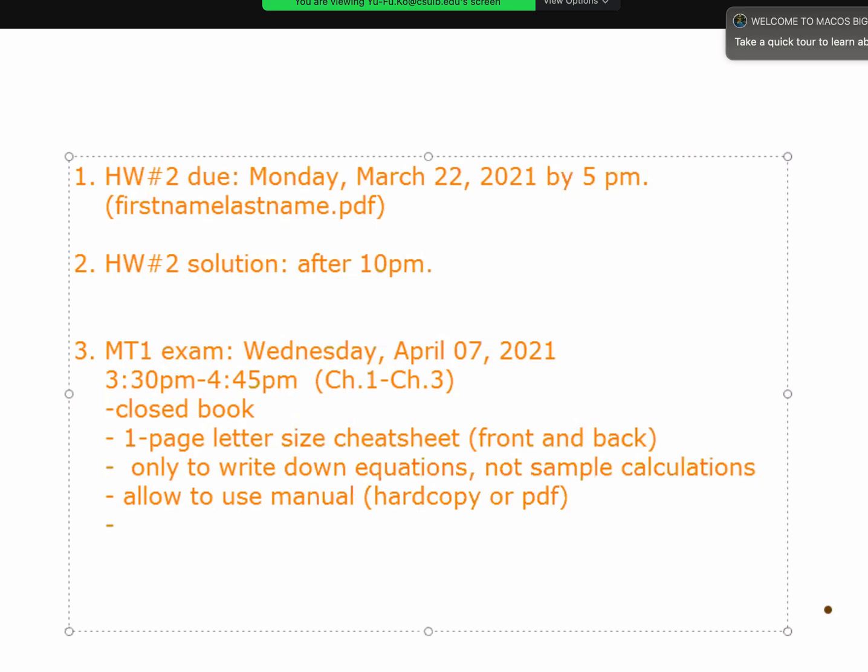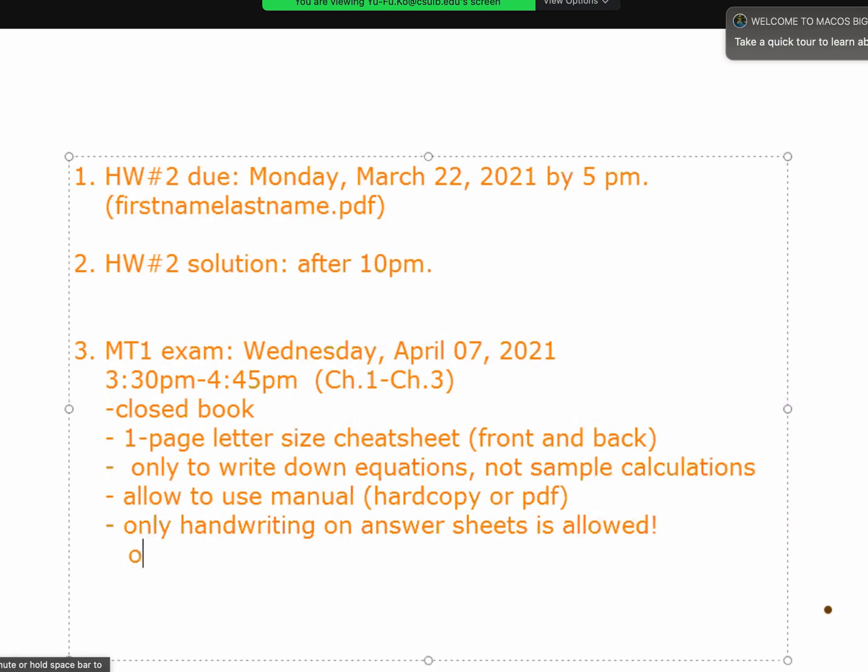That's the only thing you can look at. Other than that, you cannot. And also, only handwriting on the answer sheet is allowed. Otherwise, no credit will be given.